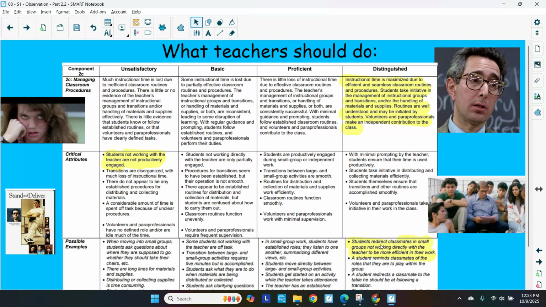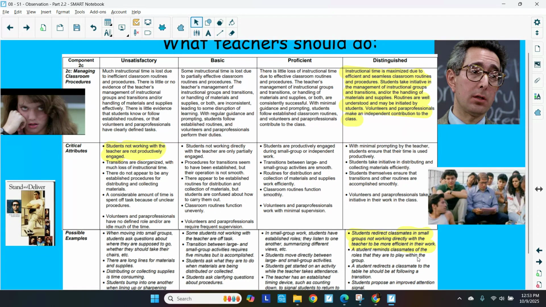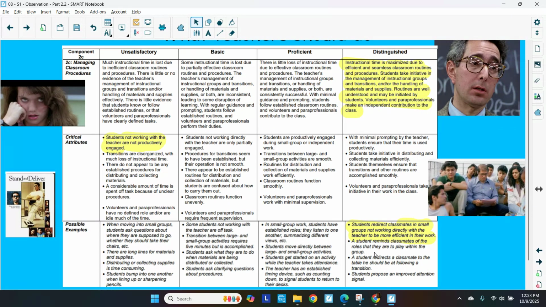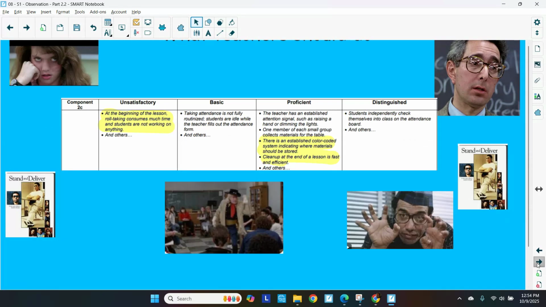Students redirect classmates in small groups, not working directly with the teacher, to be more efficient in their work. So I like when my students take control of their group. I think I have a picture somewhere in one of the other movies where the student was teaching his group and the kids were working efficiently and not wasting time, because we don't have that much time.